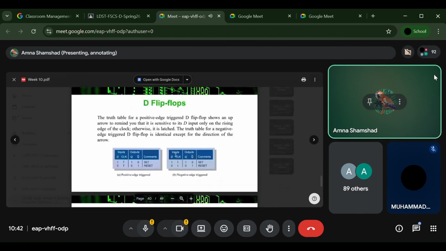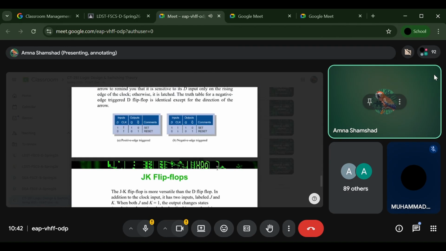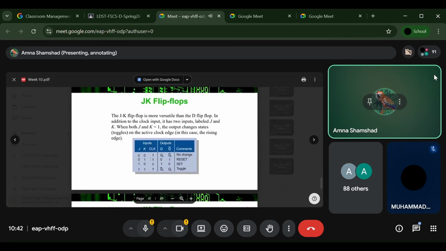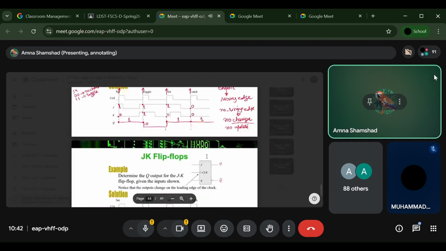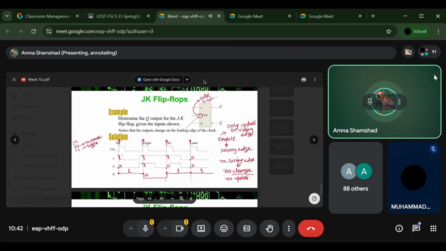So this is the D flip flop that has only data transfer. This is my JK flip flop that has four combinations: no change, reset, set, and toggling. Then we have the RS and T flip flop as well.